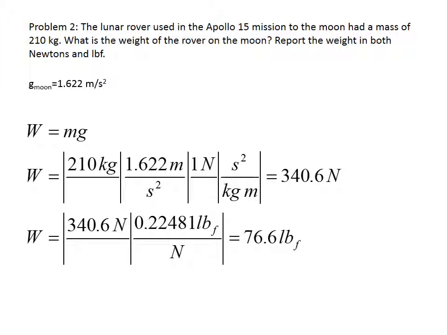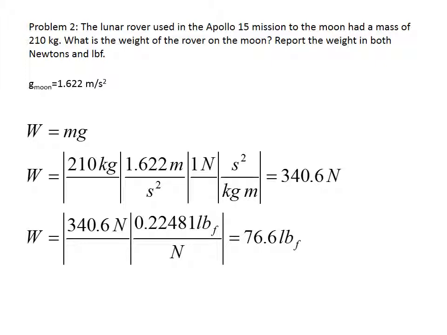And we'll find that the weight of this lunar rover is 340.6 newtons. We can then calculate what this would be in pounds force using the conversion factor that there is 0.22481 pound force for every newton, therefore giving us a weight of 76.6 pounds force.